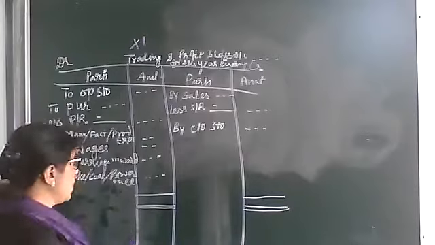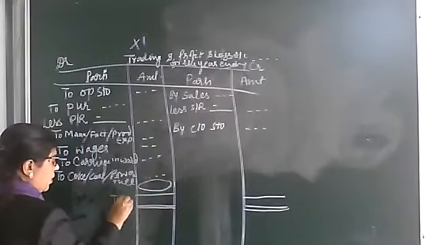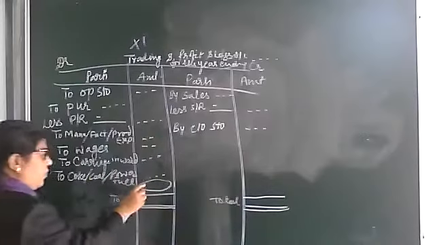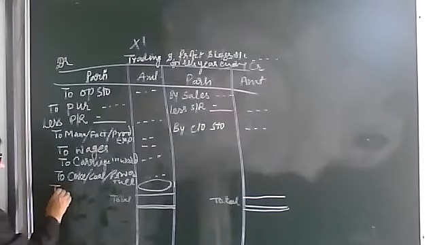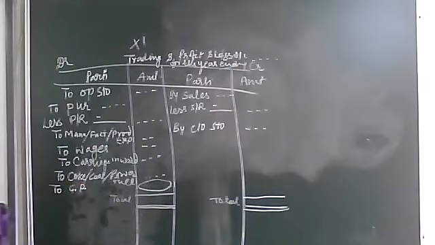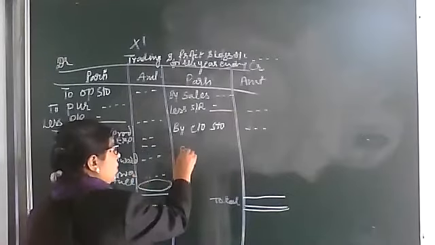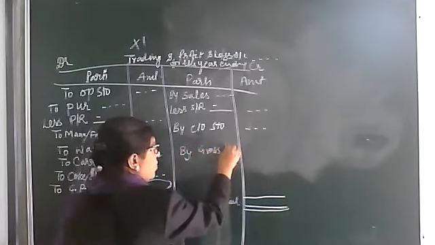If the difference is here, this is the total, this is the total. If the difference is this side, you can say this is gross profit. This is known as GP. GP means gross profit. If the difference is the other side, then it is gross loss.